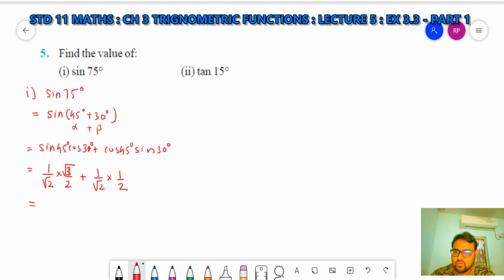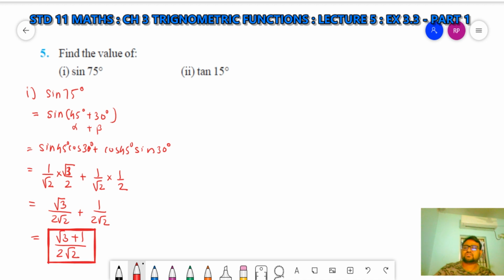So this will be equal to root 3 upon 2 root 2 plus 1 upon 2 root 2, which is root 3 plus 1 upon 2 root 2. This is the value of sine 75.